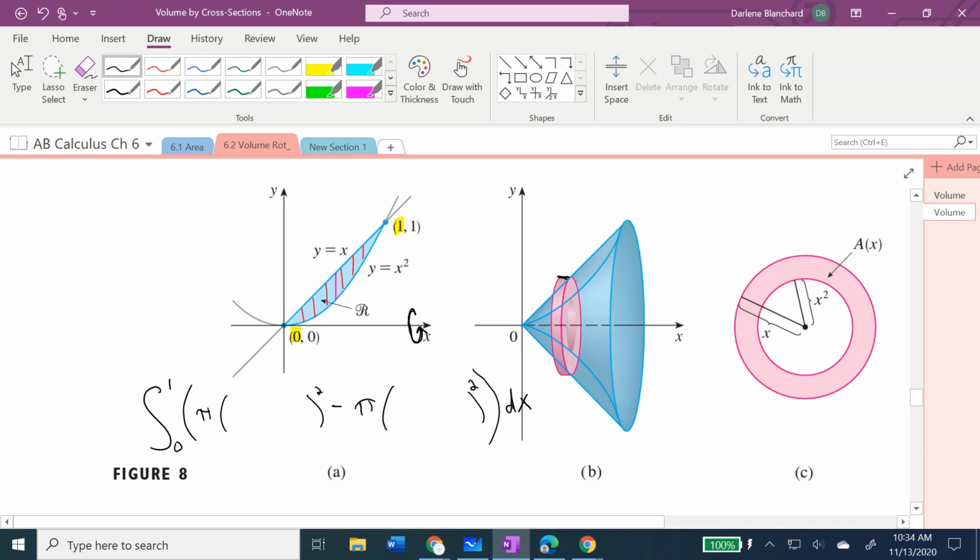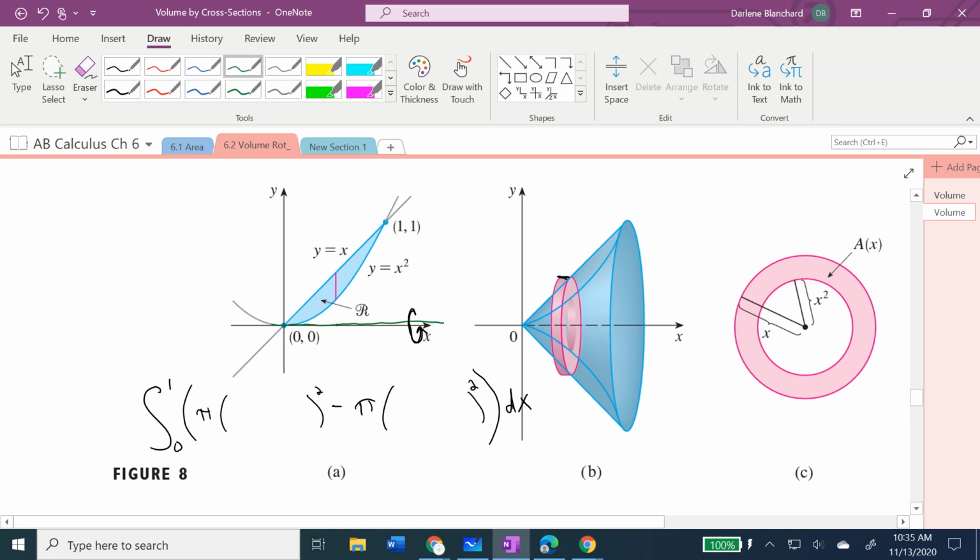And this is the skeleton of the washer method. I want to get through this entire skeleton before I really worry about the specifics of what function subtracts from who and all that. And this is what I tell people to do. Both radii are attached to the axis of rotation.